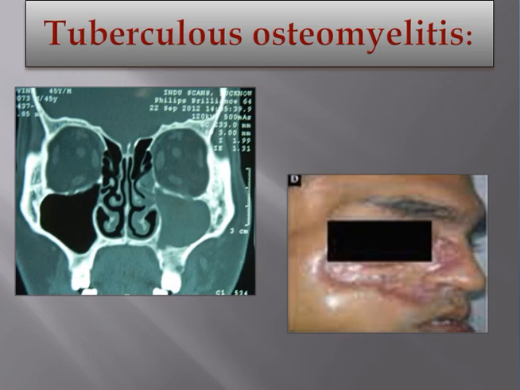The next slide shows us maxillary sinusitis, which is also tuberculous, and you can see types of assessment: CT and extraoral view or external view.